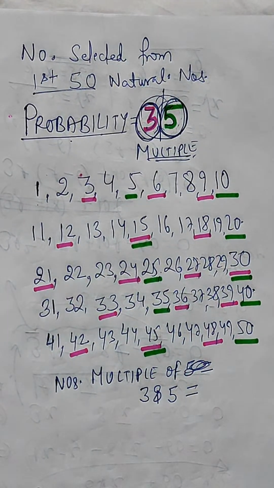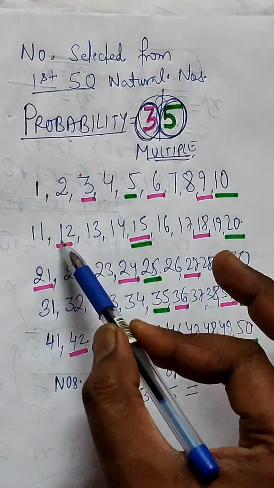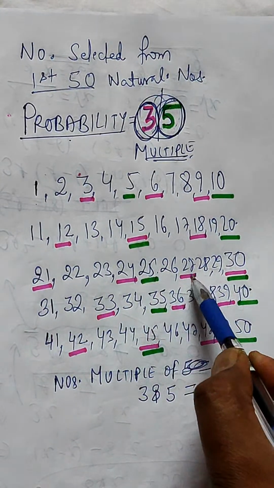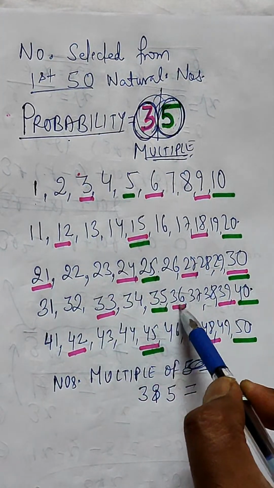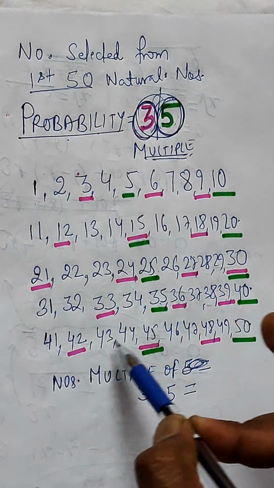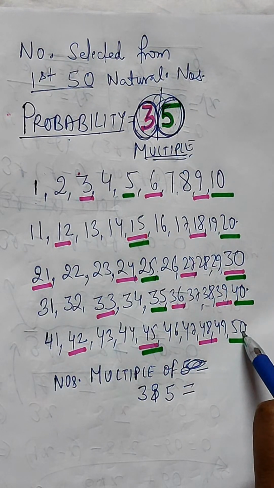Count it: 1, 2, 3, 4, 5, 6, 7, 8, 9, 10, 11, 12, 13, 14, 15, 16, 17, 18, 19, 20, 21, 22, 23, right? 23.